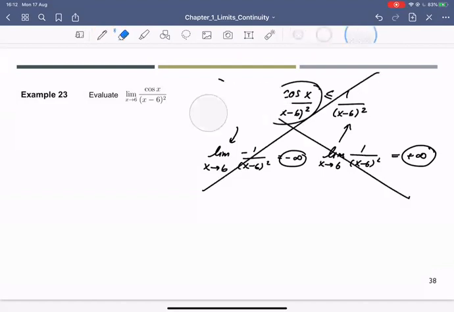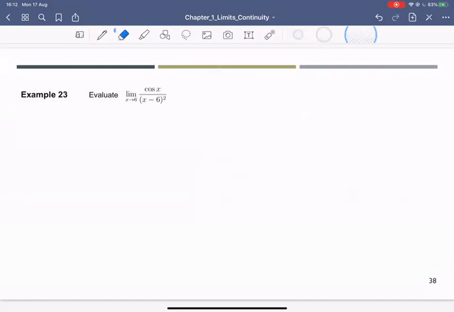So you have to figure it out using another technique. And of course, because we are learning infinite limits now, we are going to use the one that we just did in the previous example. So we let f(x) be cosine x over (x minus 6) squared.